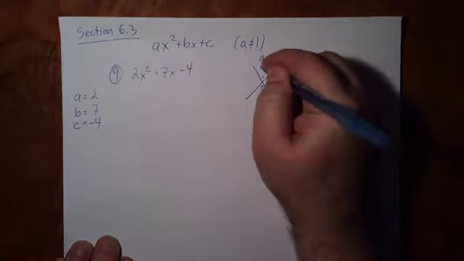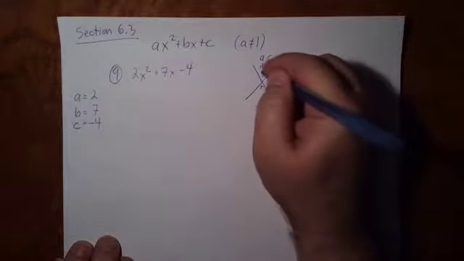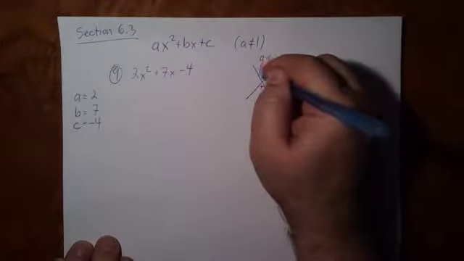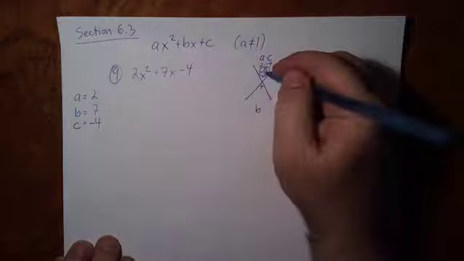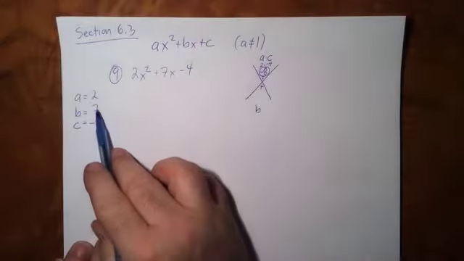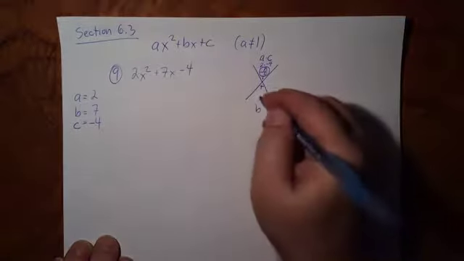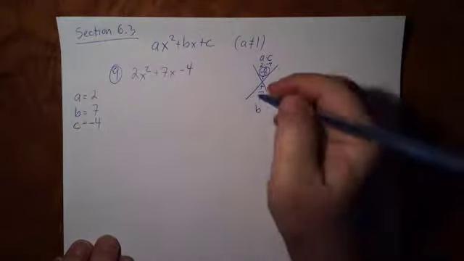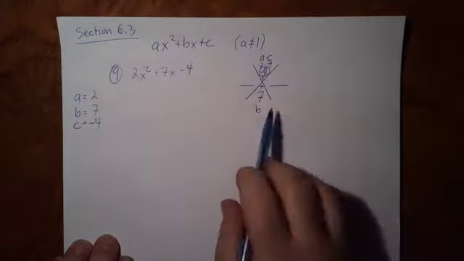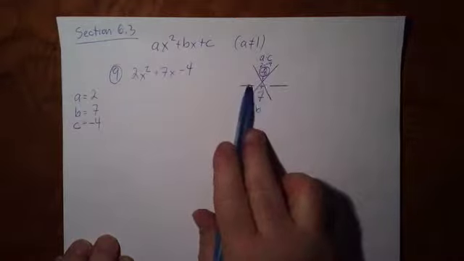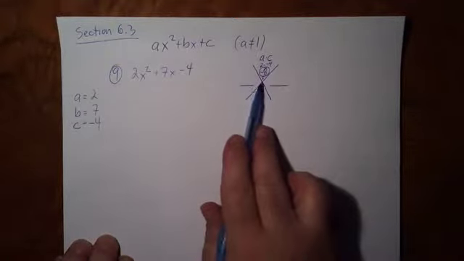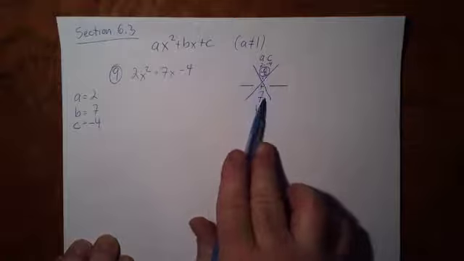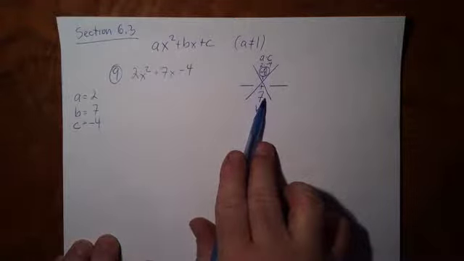That's 2 times negative 4, so we're looking at negative 8. The value of b is still the value in the center, which is 7. So just like before, we're looking for two numbers that multiply to negative 8 but add to 7.